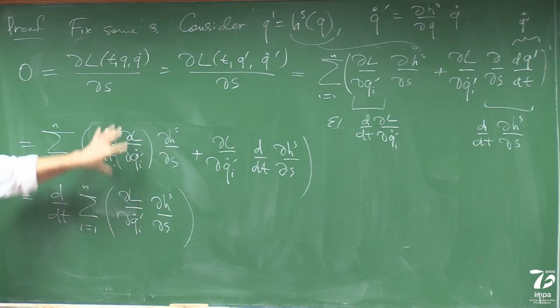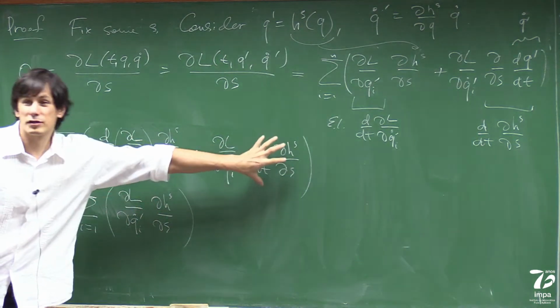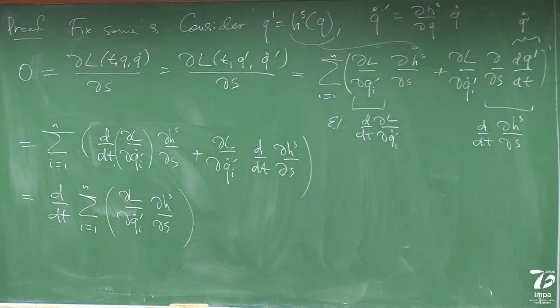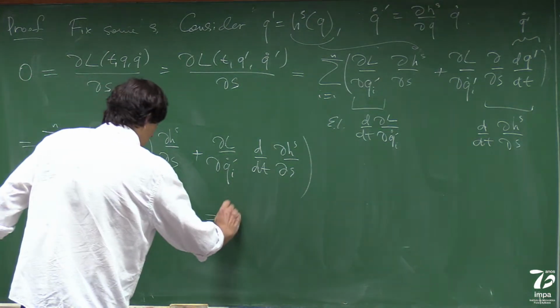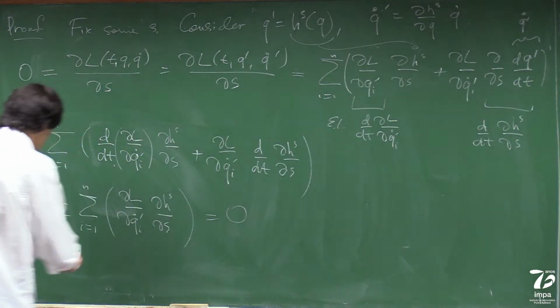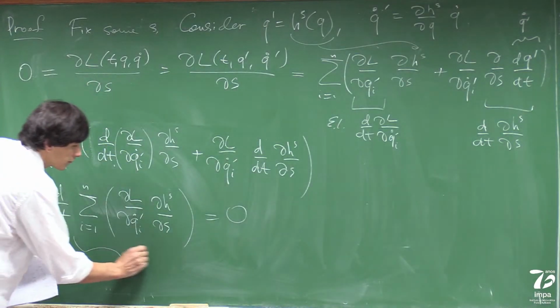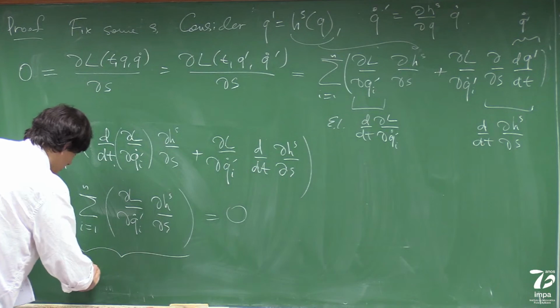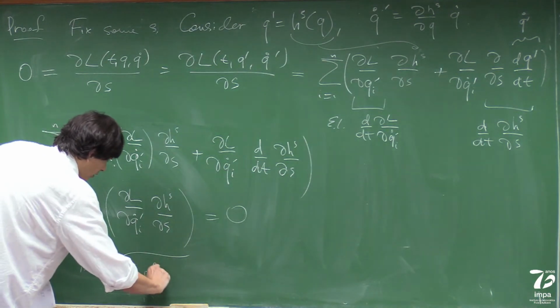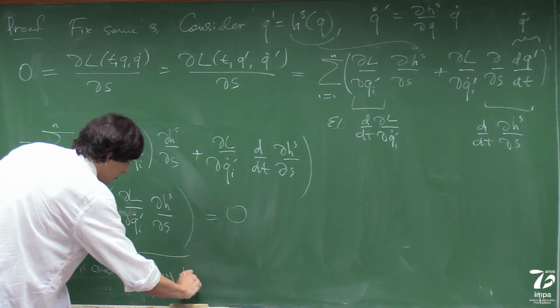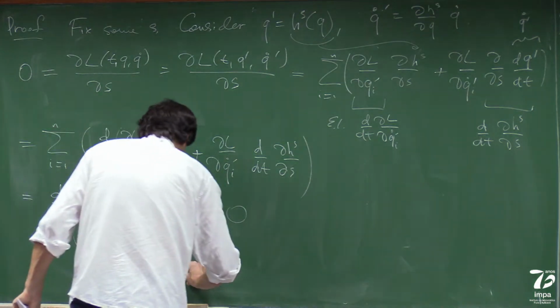You differentiate the first term plus you differentiate the second term. And this is 0 because it was 0 from the beginning, which means that this value is conserved along the trajectory, along every solution.